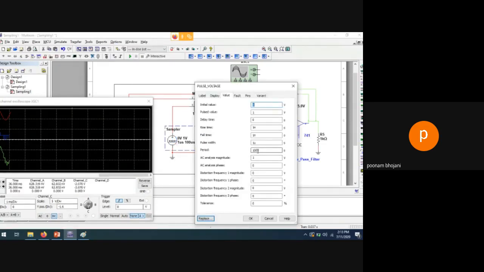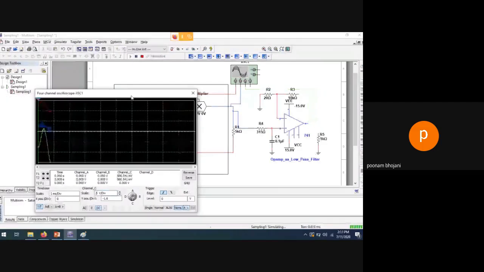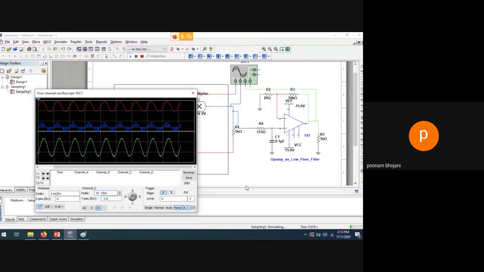So by changing the sampling period as well as the gain and low pass filter, you can get the proper reconstruction at the output side as you want. This is possible if you set the proper sampling period, proper gain, and proper low pass filter characteristics.